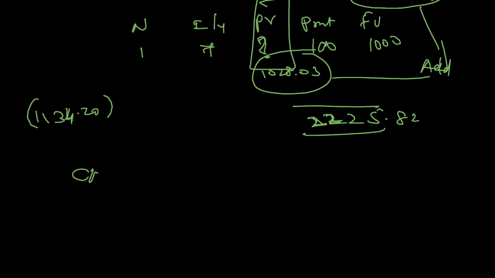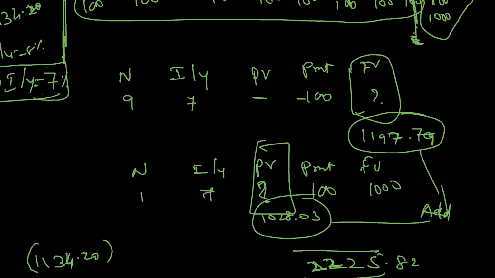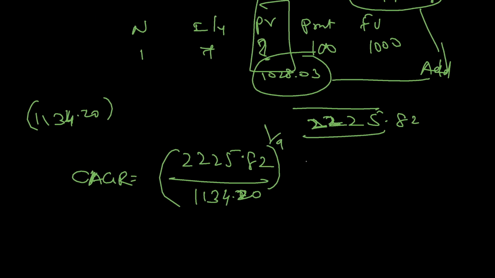So compounded annual growth rate is equal to 2225.82 divided by 1134.20, to the power 1 by 9, minus 1.